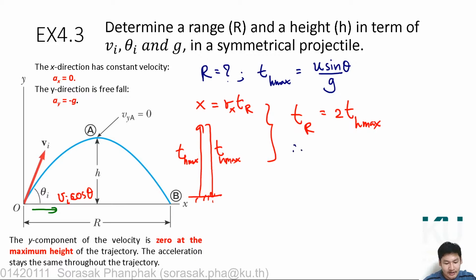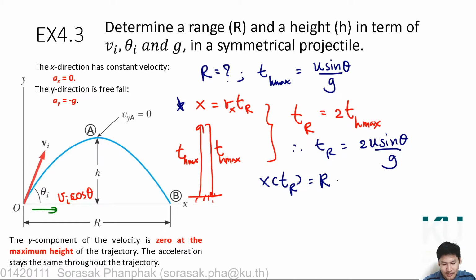So now you're going to sub in t equal to 2u sine theta over g into this equation. So with t subbed in, you're going to get the range out of it.